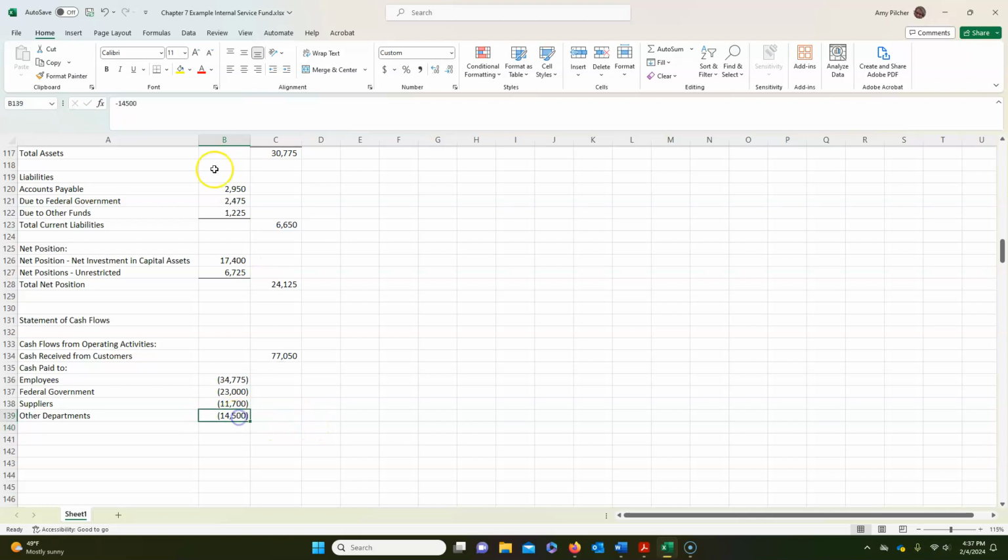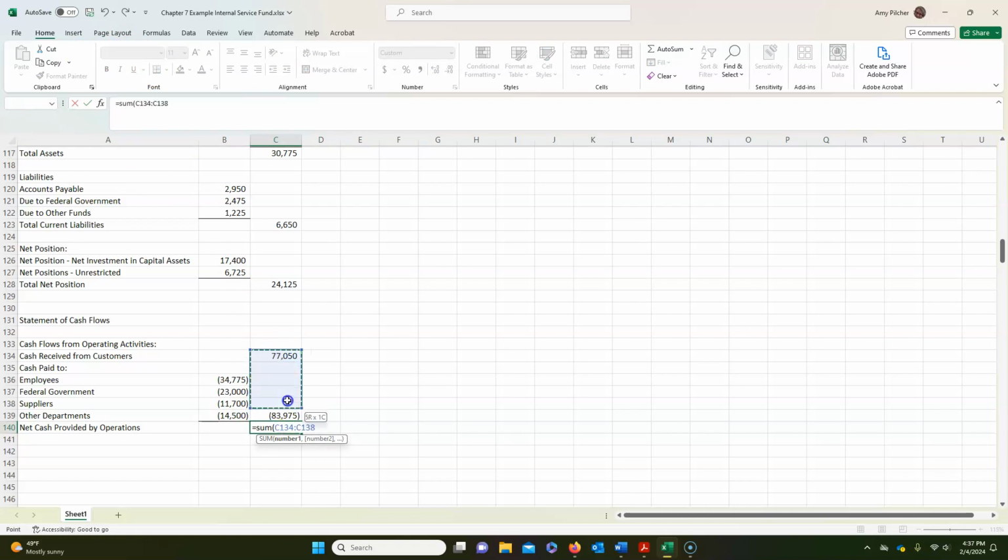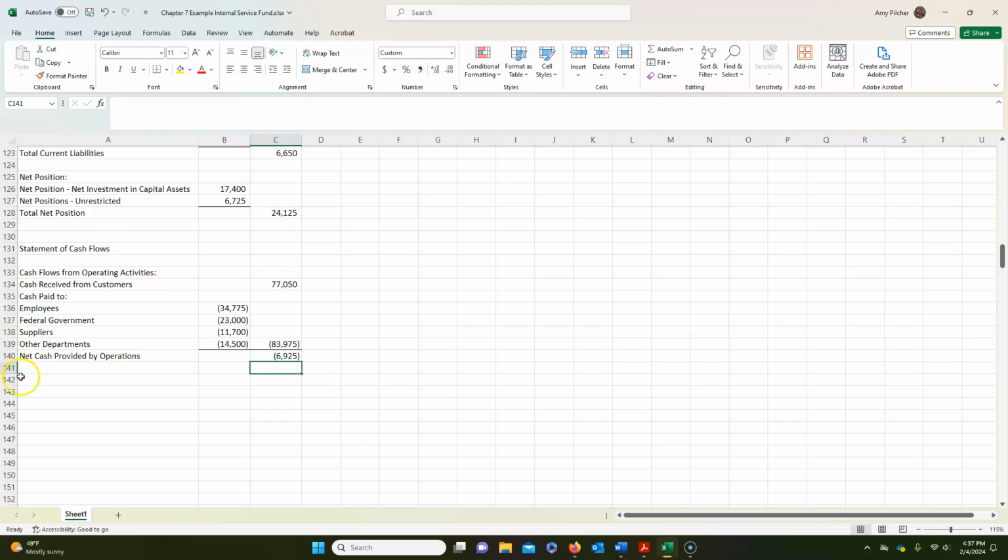We're going to total these. And that gives us our net cash provided by operations, which is negative 6,925. So we have our net decrease in cash and cash equivalents.